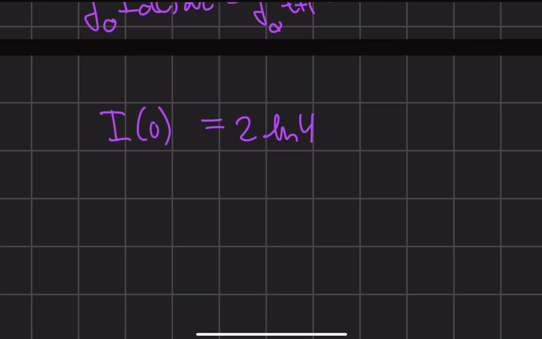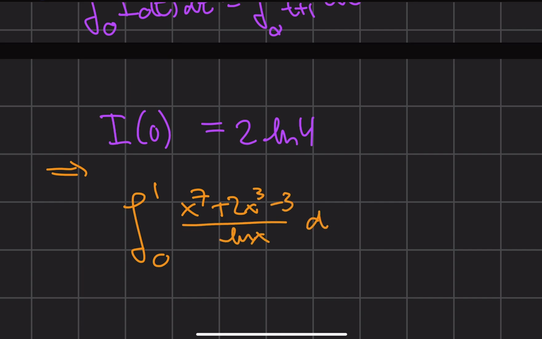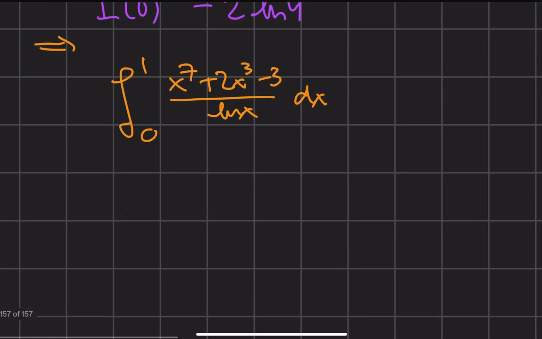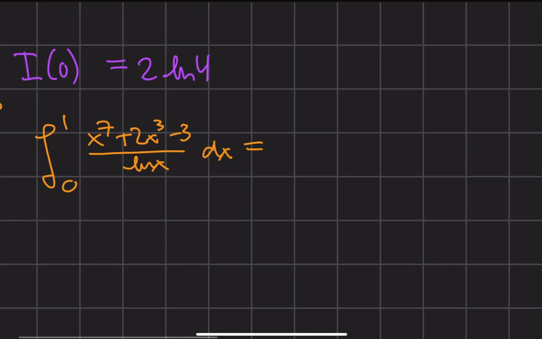The integral from 0 to 1 of (x^7 + 2x^3 - 3) over ln x dx is equal to what we had originally, ln 8, plus what we just got, 2 ln 4.